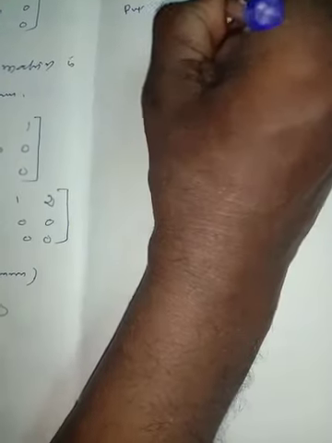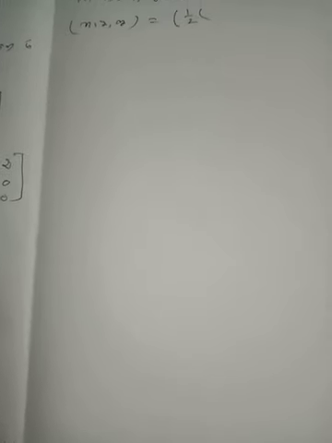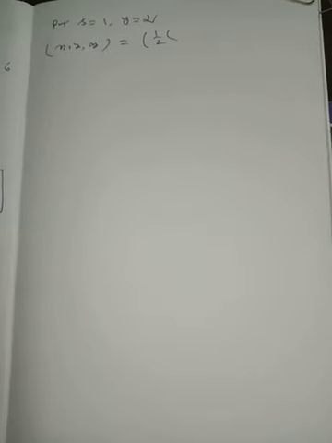Put s is equal to 1, t is equal to 2. x, y, z is equal to half into bracket 2 plus s minus t.